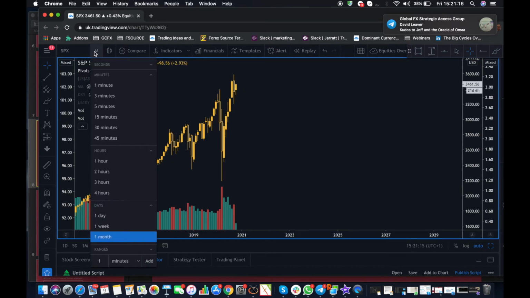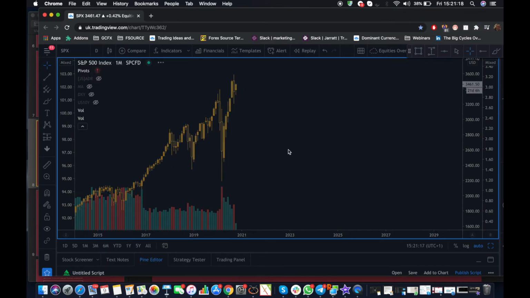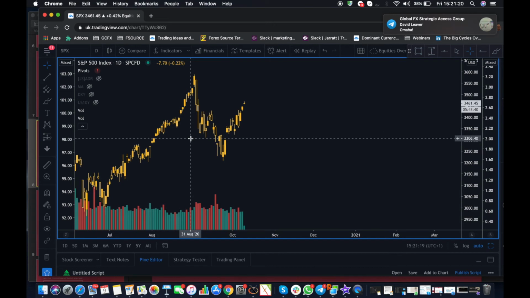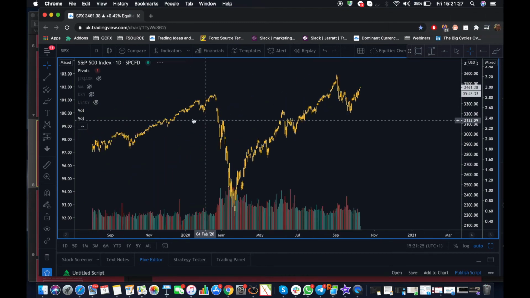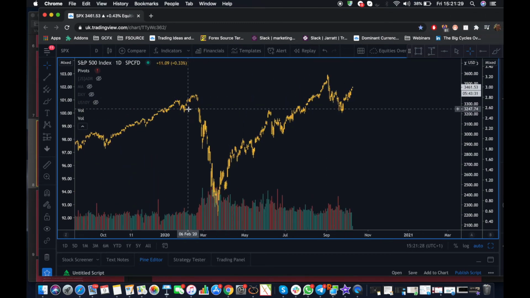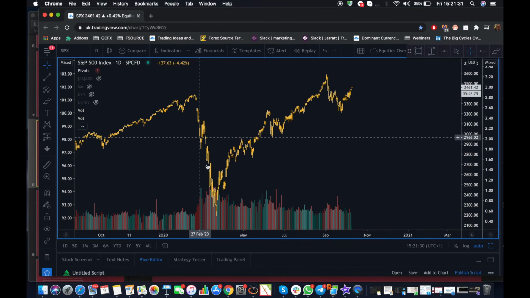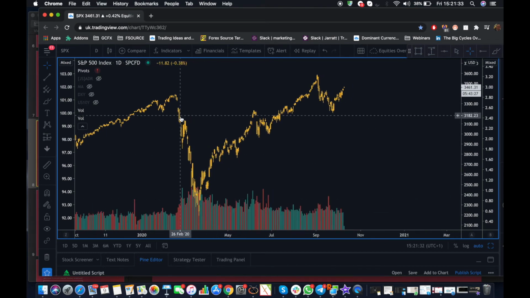Now, just narrowing down, looking at the daily chart, you can see that move. Heavy volumes, as we've seen, that's more recently. Heavy volumes moving down in the equity markets and then reversing to the upside.